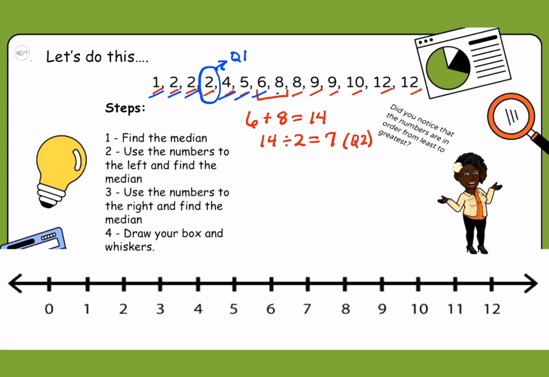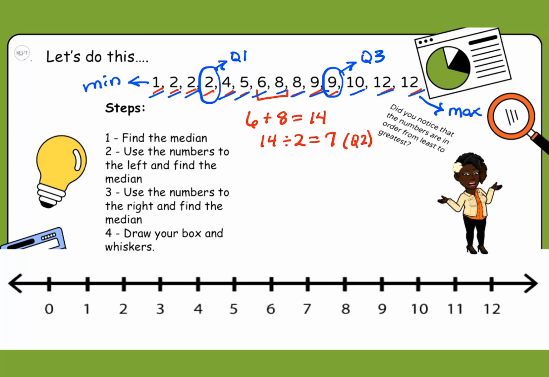So we're going to mark off lowest, highest, lowest, highest, lowest, highest, and we can see here that our Q3 is 9. From there, we can identify our minimum, which is 1, and that's also called our lower extreme, and we can find our maximum, which is 12, and that is the upper extreme.